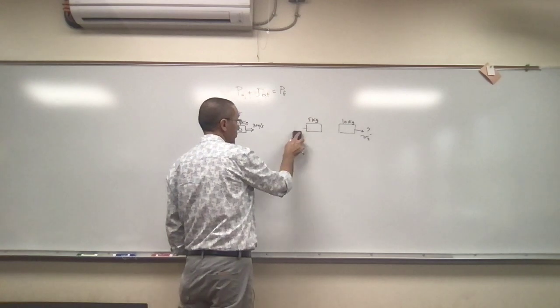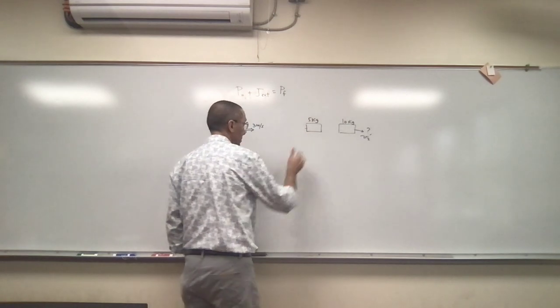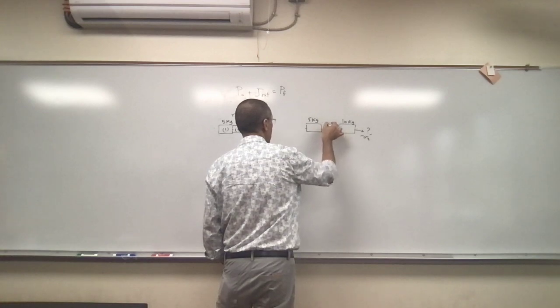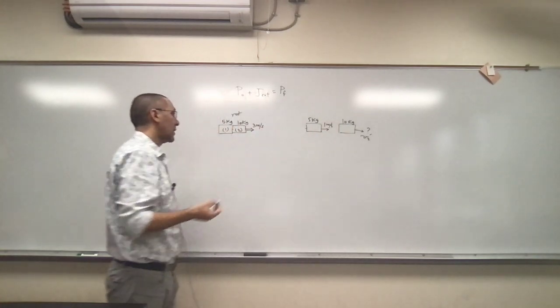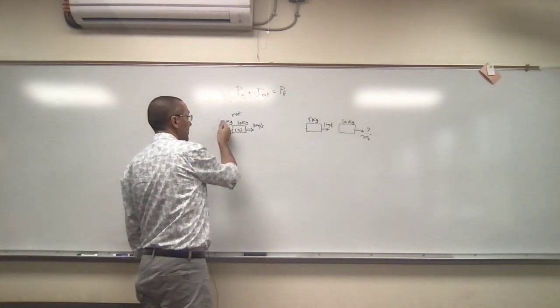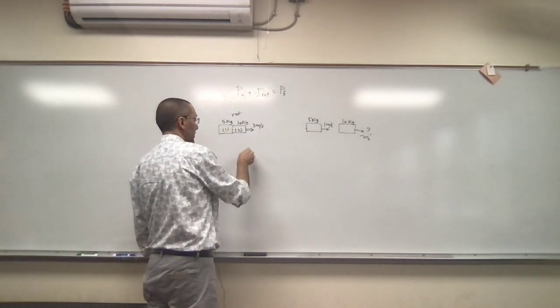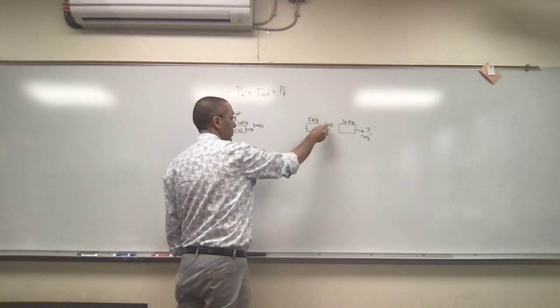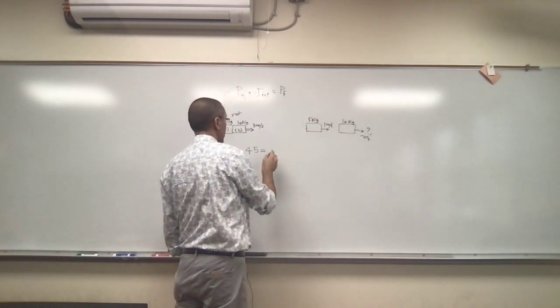This one does not have to go back. Let's just say maybe it's going forward at 1 meter per second. Can it be going back? Probably, but I don't know that. So let's look at the momentum of this. That's 15 times 3, that's 45, equals. Now the momentum of this is 5 times 1, because I'm told that this one is going to the right.